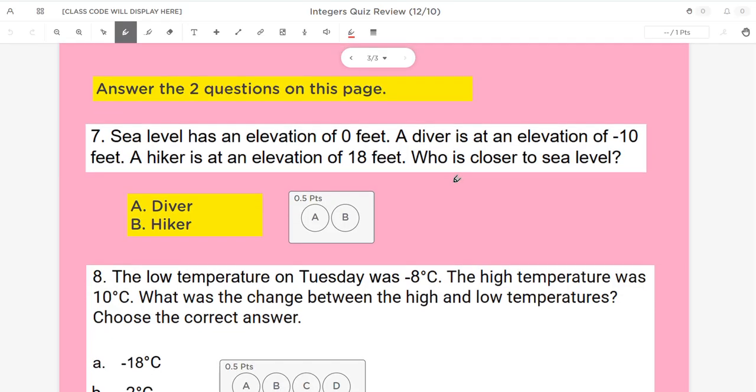Sea level has an elevation of 0 feet. Okay, so we're thinking this here, sea level. It has a distance of 0 feet. A diver is at an elevation of -10 feet. So -10 is a diver. And then a hiker is at an elevation of 18 feet.